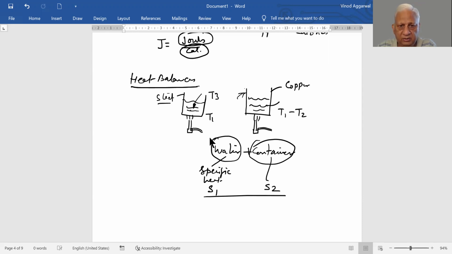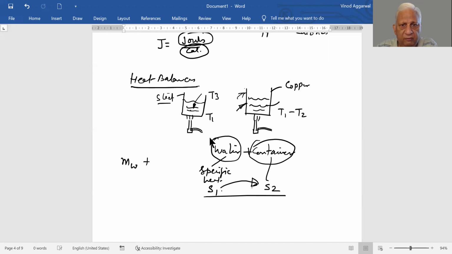Now, getting into this trouble of converting one specific heat to another specific heat, would it not be better if we take the mass of water, mass of container, and convert into something called an equivalent of water?